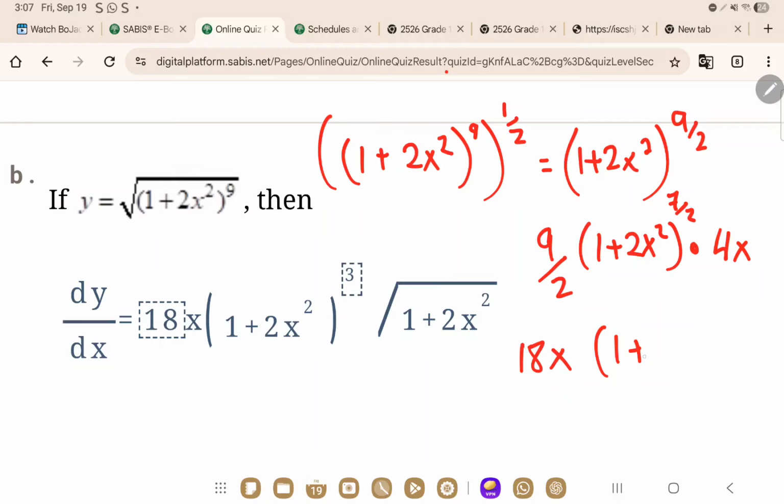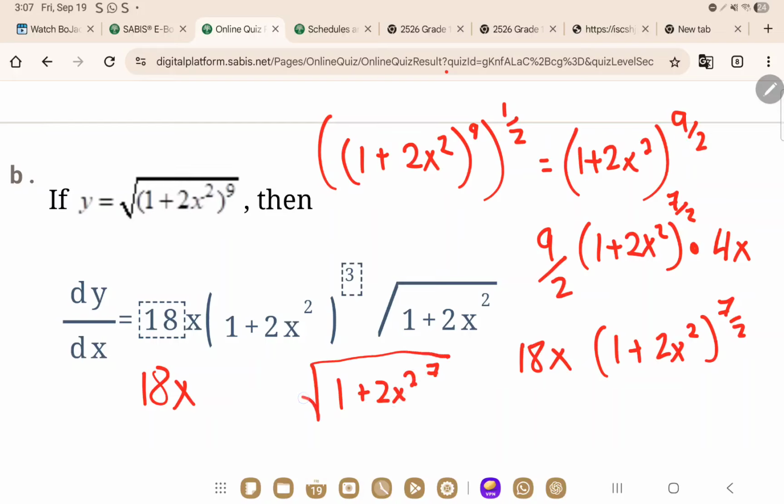So it's 18x into (1 plus 2x squared) to the power of 7 over 2. And now we just need to put everything under the radical sign. So it's 18x, we leave it aside now, times the square root of (1 plus 2x squared) to the power 7.